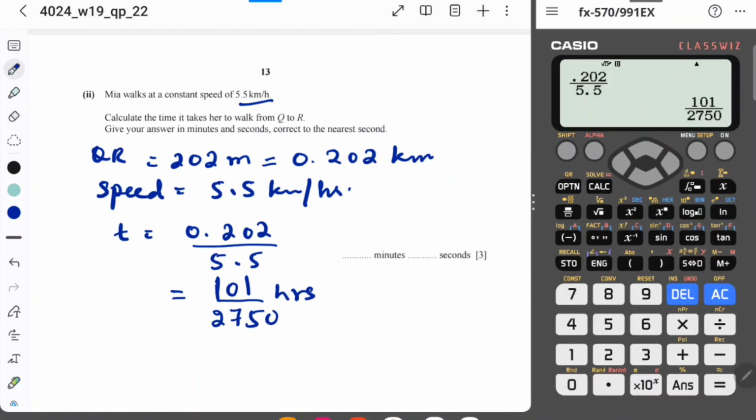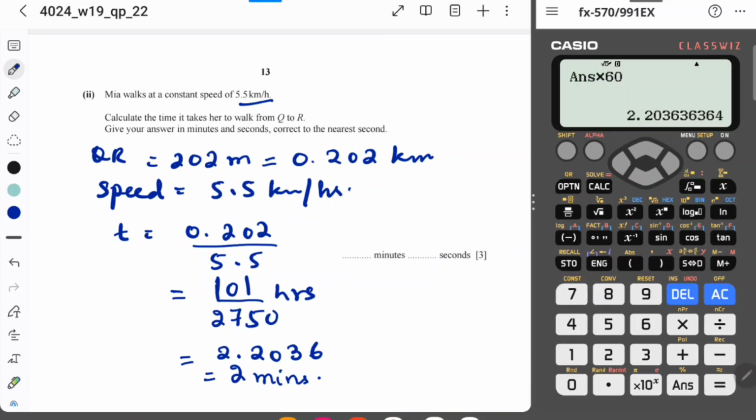We multiply this answer by 60 and we'll get the time in minutes. That is 2.2036, which means 2 minutes, and now I'm going to change the 0.2036 minutes into seconds.